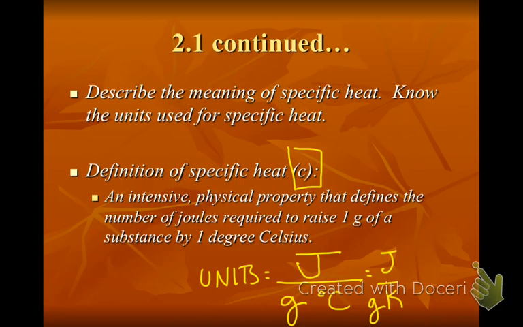And since those are in the denominator and it's kind of a pain, some people use negative exponents like joule, gram to the -1, Kelvin to the -1. So instead of putting them in the denominator, they write it as a negative exponent. So that's specific heat. So before we wrap this up here, I kind of want you to think about this.